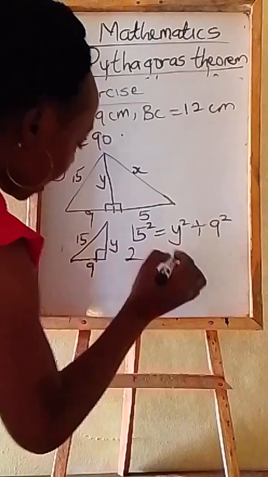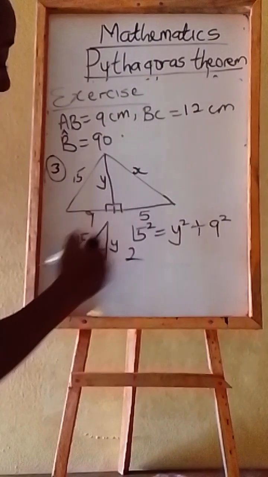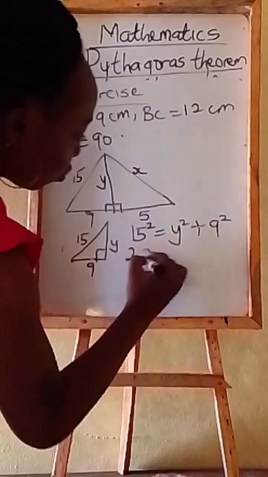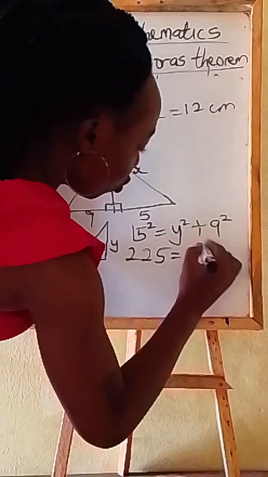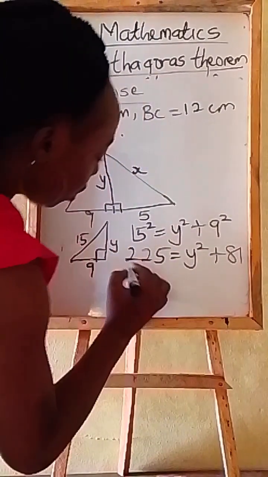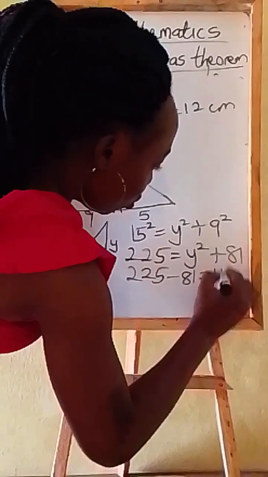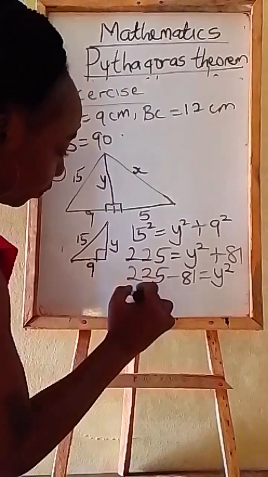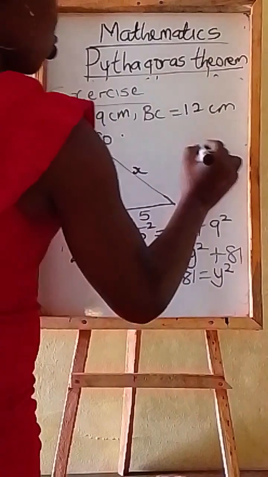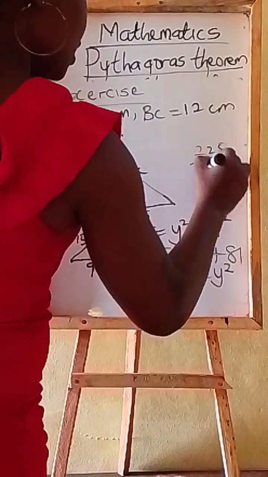Remember, the square of the longest side, which is 15 square, is 225, equals y square plus 81. We have 225 minus 81 equals y square. So subtract 225 minus 81.